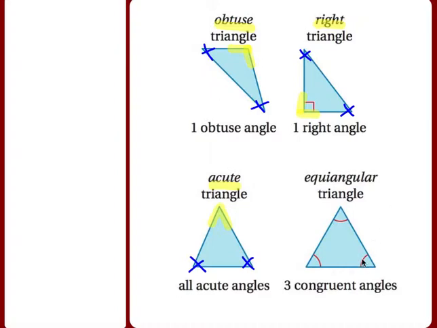And then finally, notice these three angles all have a single arc. That means that they are equiangular, they are all congruent. Now this is a special kind of acute triangle because notice if we cross off two of the acute, we're left with a third acute angle, but this one's special because all three angles are equiangular. And what we'll find over time is when you have two angles or more that are congruent, their opposite sides are congruent.